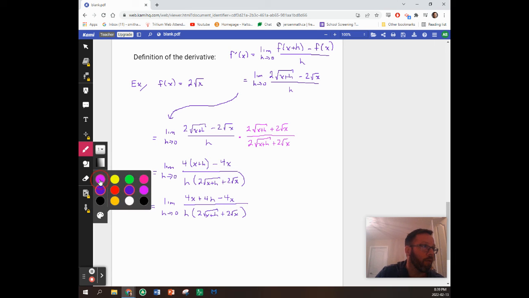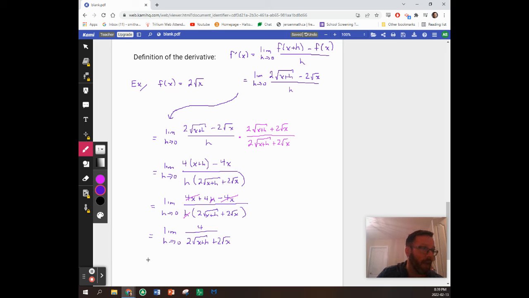So 4x minus 4x is 0, and then we have h over h. They divide out. You could do that in two steps if it made you feel more comfortable. We're just left with 4 on top, all over 2 root x plus h plus 2 root x.